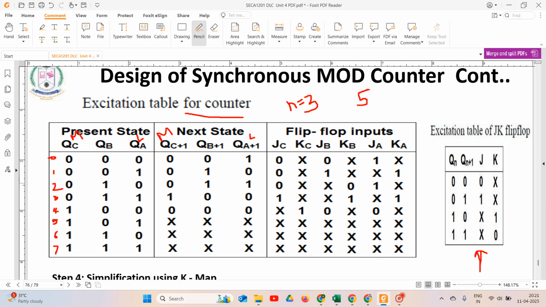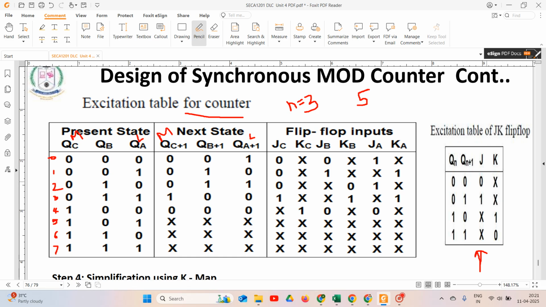The first condition is whenever your inputs are 0 0 and your present state and next state are also 0, it doesn't change anything. The input 0 1 means it is a reset state. So my present state is 0, my next state is also 0.